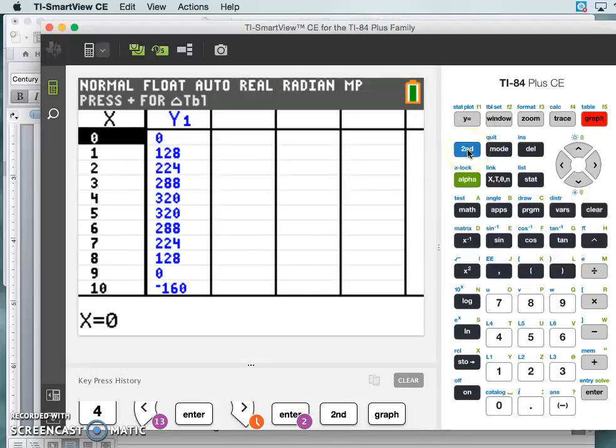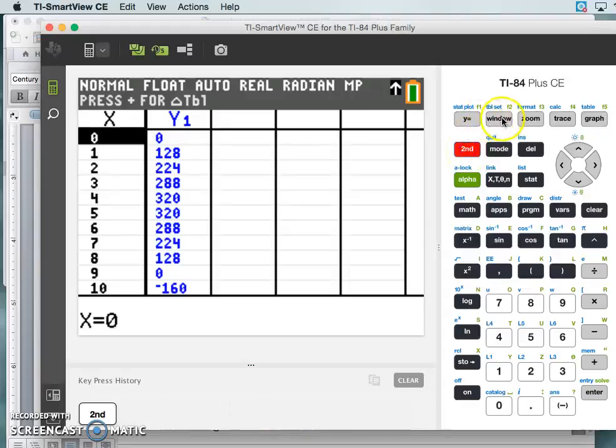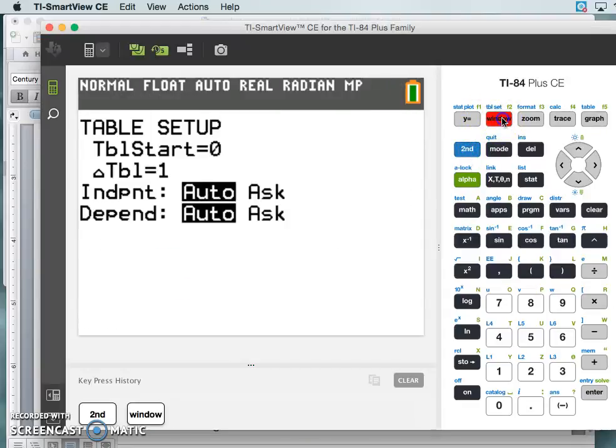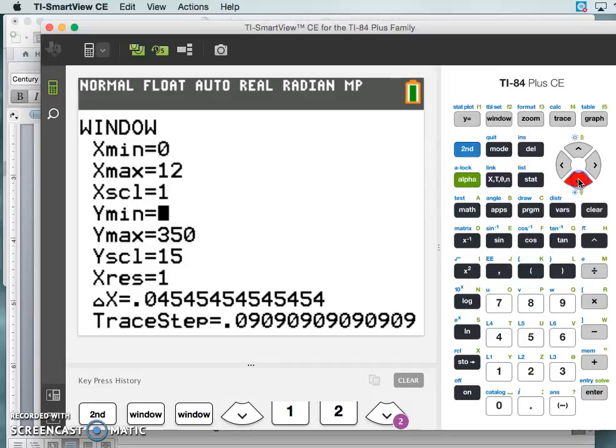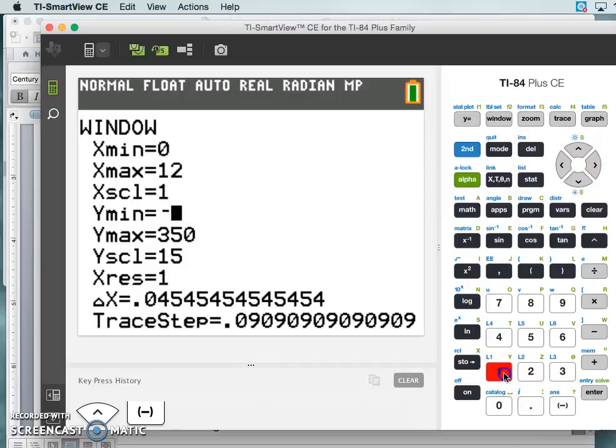Now, I could also use my graph to determine that answer. I'm going to fix my window a little bit so that my x's go beyond the parabola, and then I'm also going to fix my y's so that I can see below the x-axis.